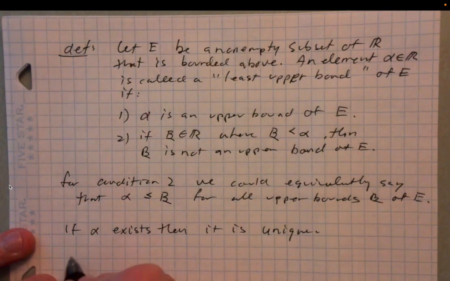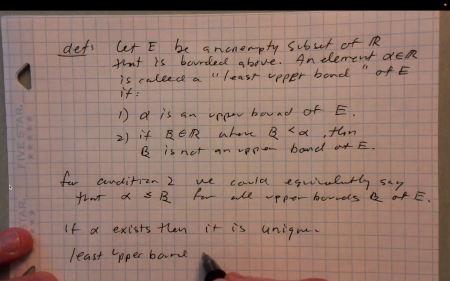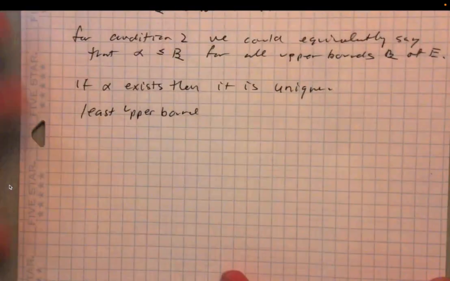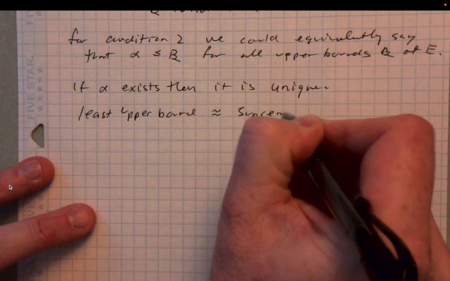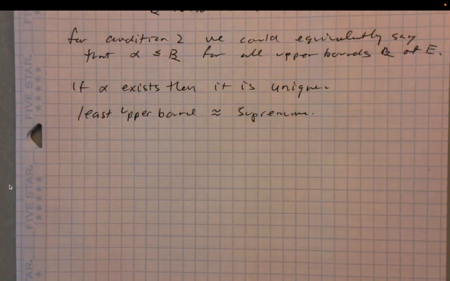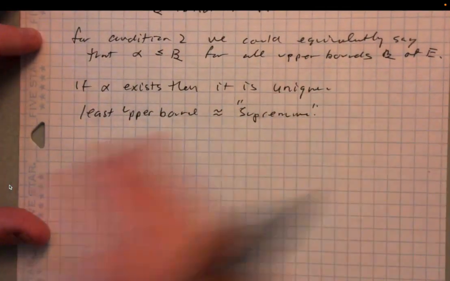Now, sometimes this least upper bound is referred to as a supremum. So it's an upper bound that's the smallest, and it's sometimes called the supremum. That's just a synonym.